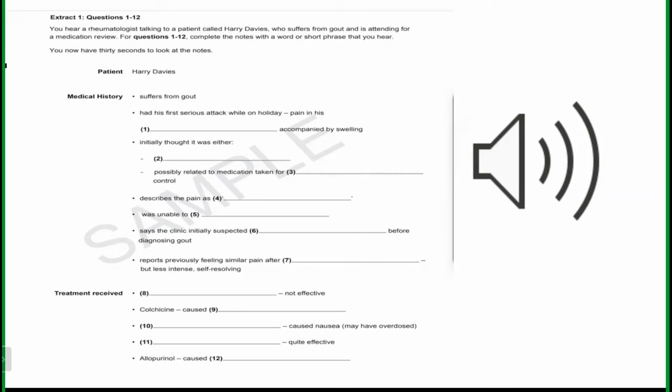Extract 1, questions 1 to 12. You hear a rheumatologist talking to a patient called Harry Davies, who suffers from gout and is attending for a medication review. For questions 1 to 12, complete the notes with a word or short phrase. You now have 30 seconds to look at the notes.